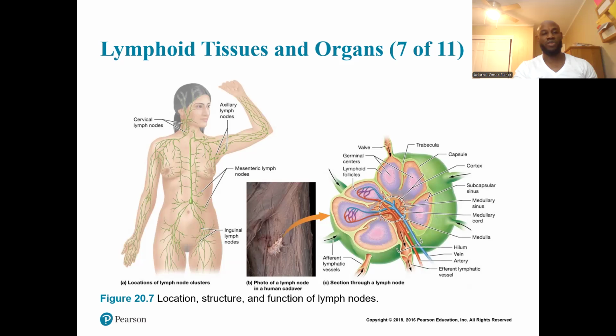Okay, showing you the structure, lymphatic system, lymph nodes, and then showing you in more detail, a lymph node. Lymph coming in through the afferent and out through the efferent.